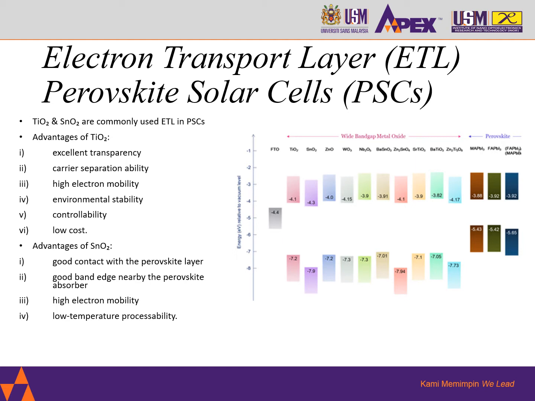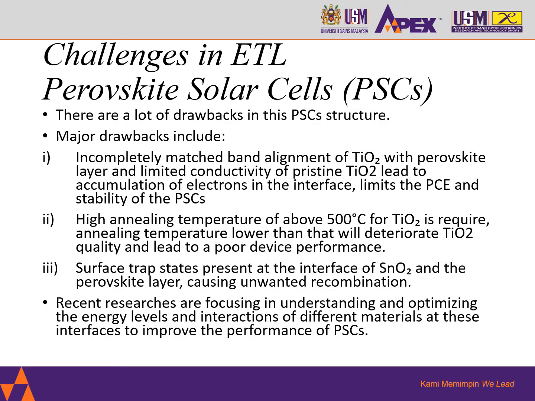The advantage of SnO2 is that it has very good contact with the perovskite layer, a good band edge near the perovskite absorber, high electron mobility, and low temperature processability. Even though the perovskite solar cell shows very good power conversion efficiency, because this technology is relatively new, there are still a lot of drawbacks, which are the major challenge for researchers to make this PSC widely used.